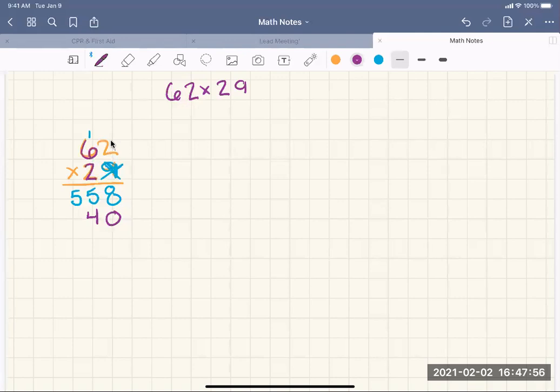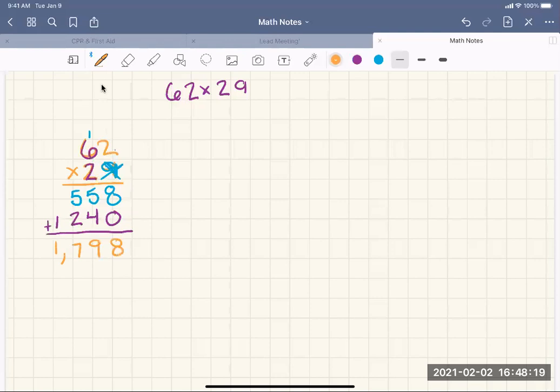Okay, so 2 tens times 6 tens. So that would be 12 hundreds. So the 12 needs to go in the hundreds place. And then I'm going to add these two together to get our final answer. Okay, so we got 1,798.